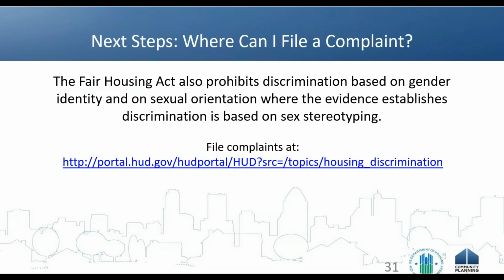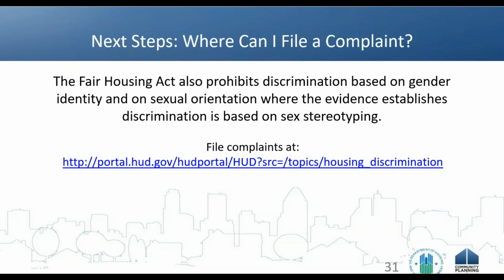So then just put up, where can I file a complaint? You can file a complaint that is about gender identity or sexual orientation. The part about where the evidence establishes that the discrimination is based on sex stereotyping, that is what our fair housing folks are trained to do. They're going to work to figure that out.